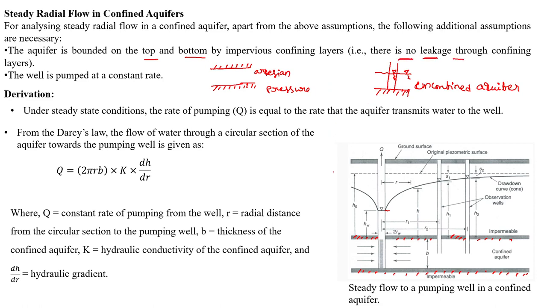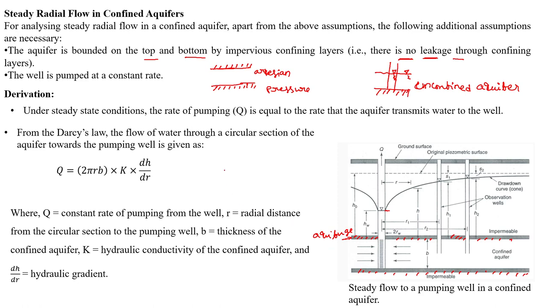These boundaries may be aquifuges. What is an aquifuge? We discussed it: a rock which has no pores, no permeability, with zero discharge and zero storage.